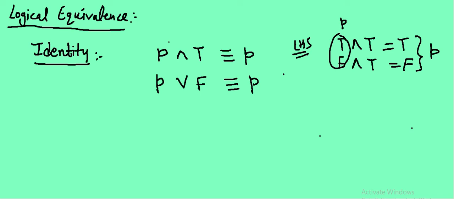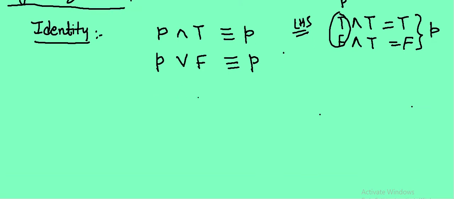If they ask you in your exams to prove this identity law or prove this equivalence, they can ask, because many times they have asked direct questions based on these laws or to prove these laws. So in that way you can prove the law P disjunction F is P. If I take the value of P first as true, then true disjunction F will be true, because one of the propositions is true, so it will be evaluated to true.